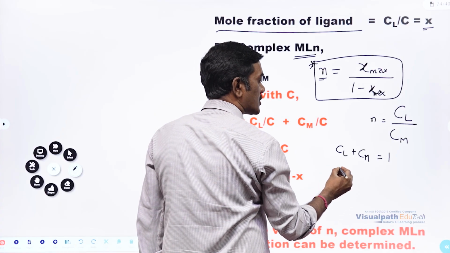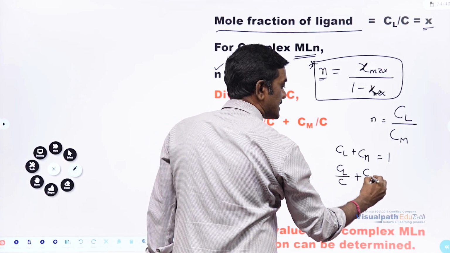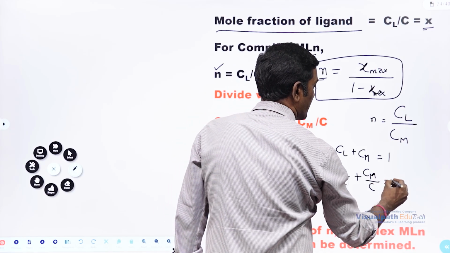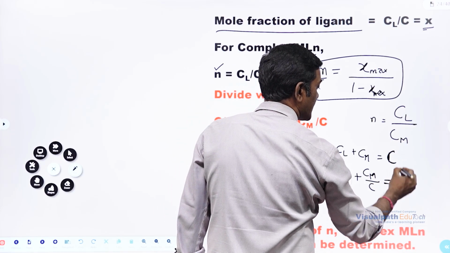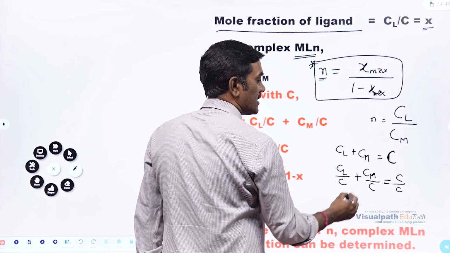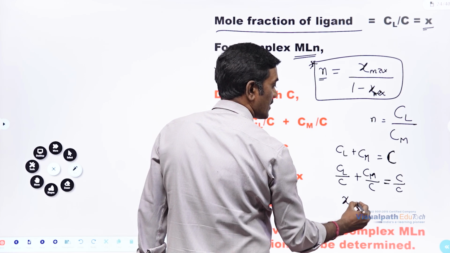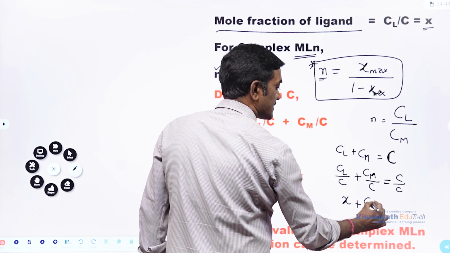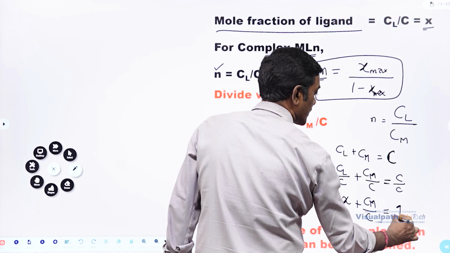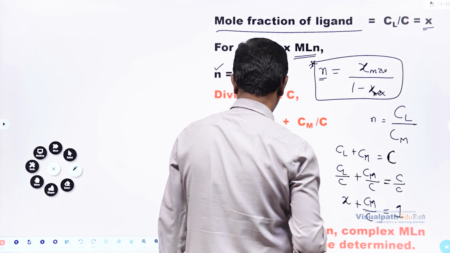If you divide by C, Cl by C plus Cm by C is equal to 1. Cl by C means mole fraction, x, so x plus Cm by C is equal to 1, so Cm by C is equal to 1 minus x.